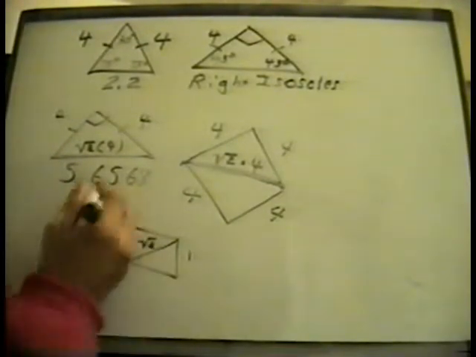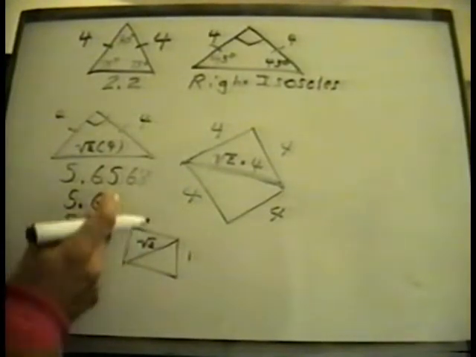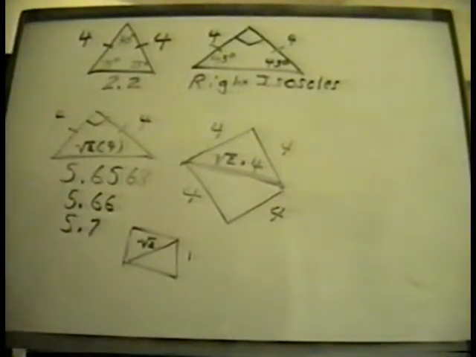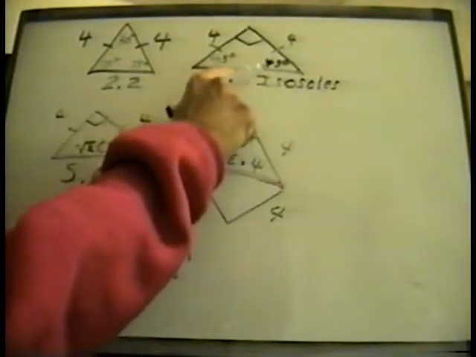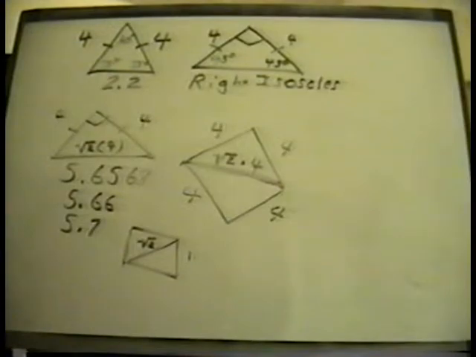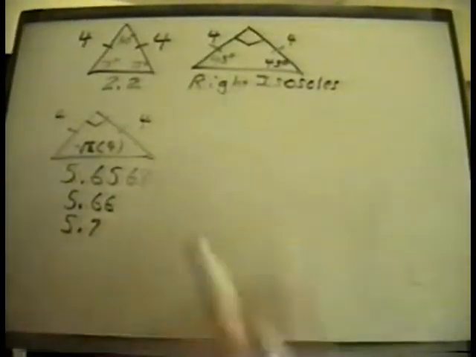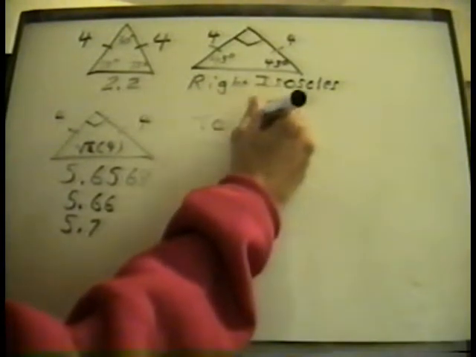Or you can simply say 5.66 or 5.7, depending on which place you round it to. And there we're done with that, finding the unequal side of a right isosceles triangle.